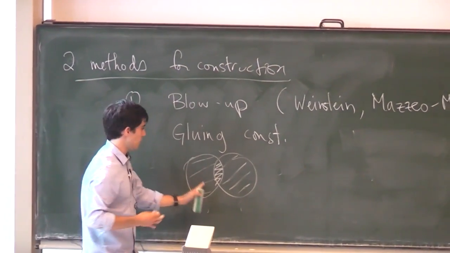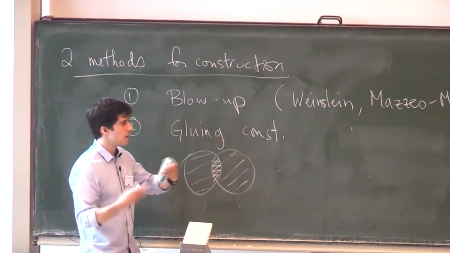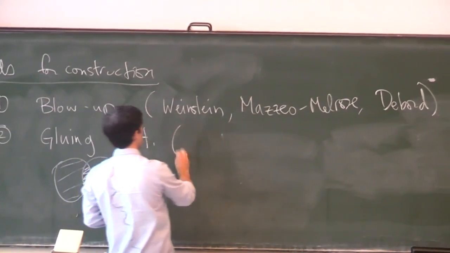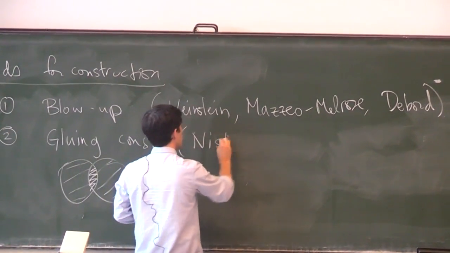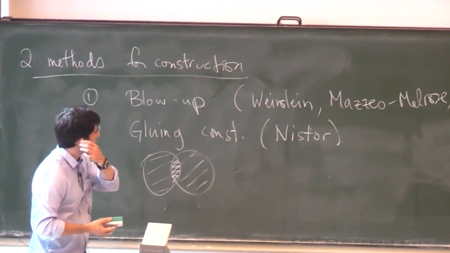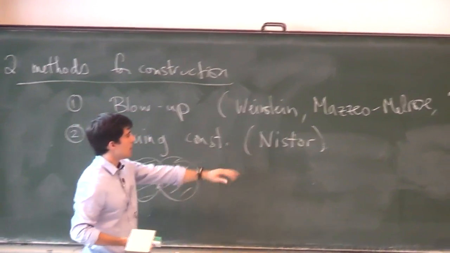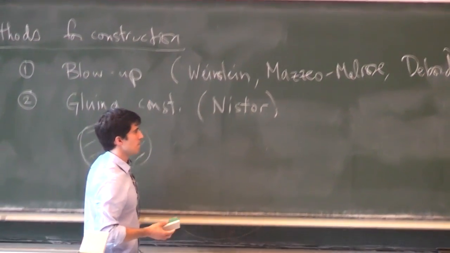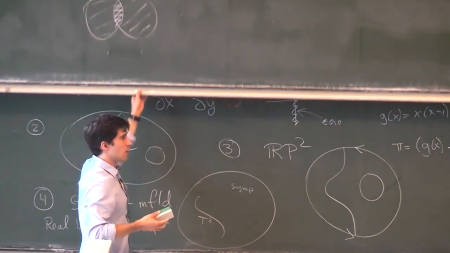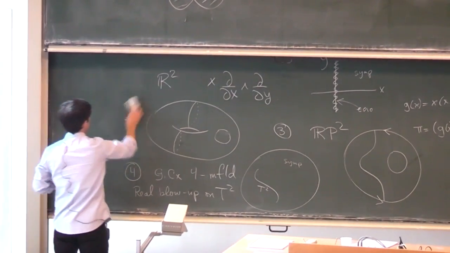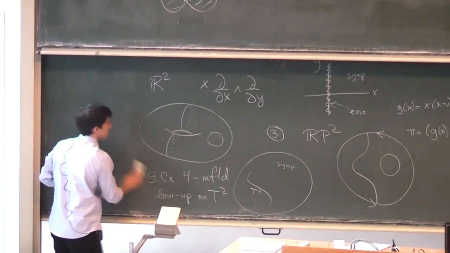It's rare that you're able to do this, but we explain when you can, at least in some cases. This is inspired by a paper of Nistor. These papers appeared around the time of CF squared, but they were thinking of constructing groupoids in a very different way from the way that those four authors did.